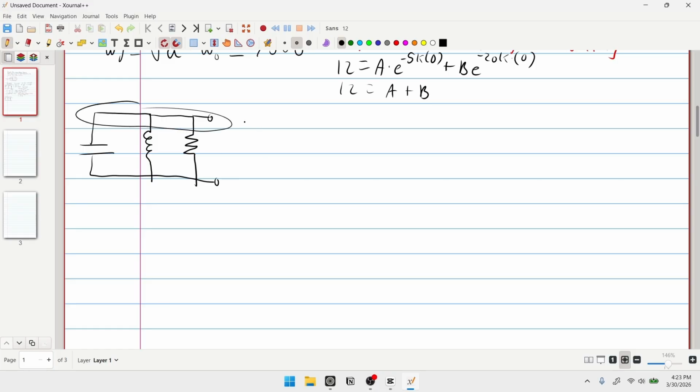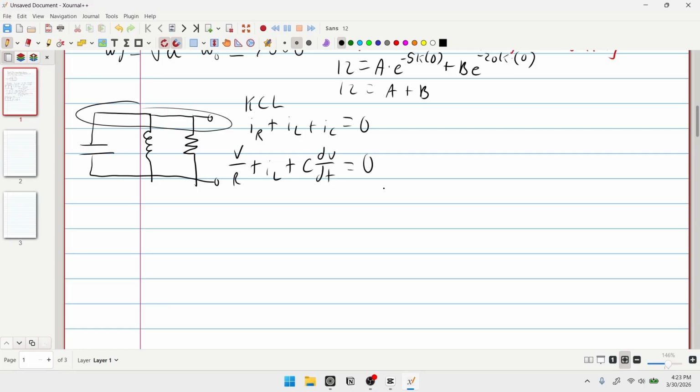So we know that the current through the resistor plus the current through the inductor plus the current through the capacitor should sum to 0 via KCL, or Kirchhoff's current law. Okay, and so let's just start with what we know. We know that V over R is for the resistor. Let's just keep our inductor as I of L. And we know that C dV/dt is for the current through the capacitor.